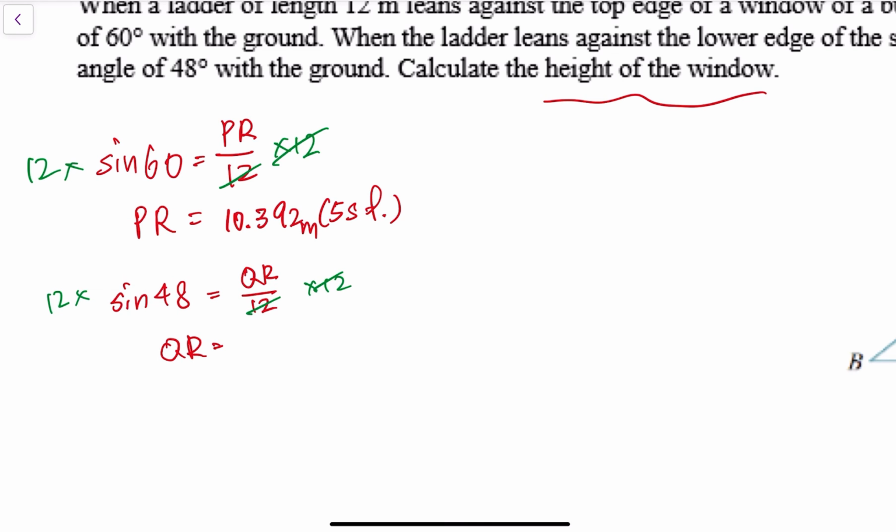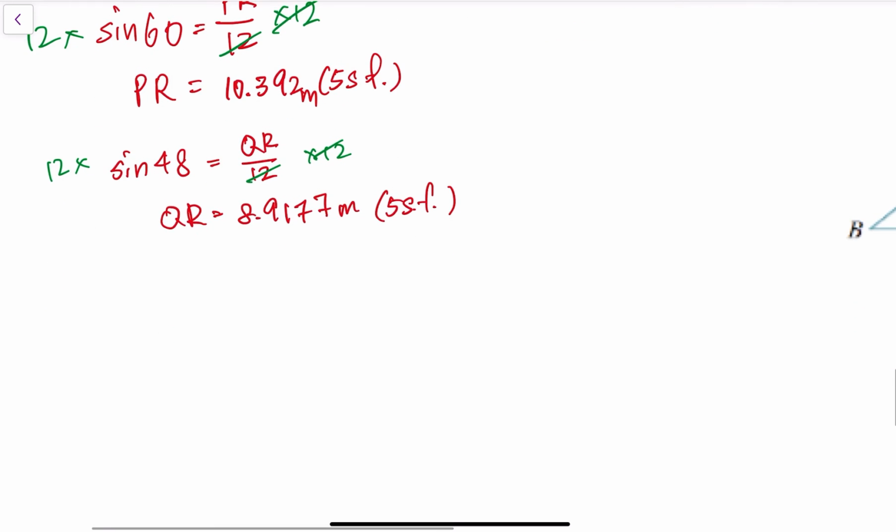And you get that QR is equal to 12 sine 48, which gives us 8.9177 meter, 5 significant figure. So I found PR, I found QR, I can find PQ now, which is the height of the window.